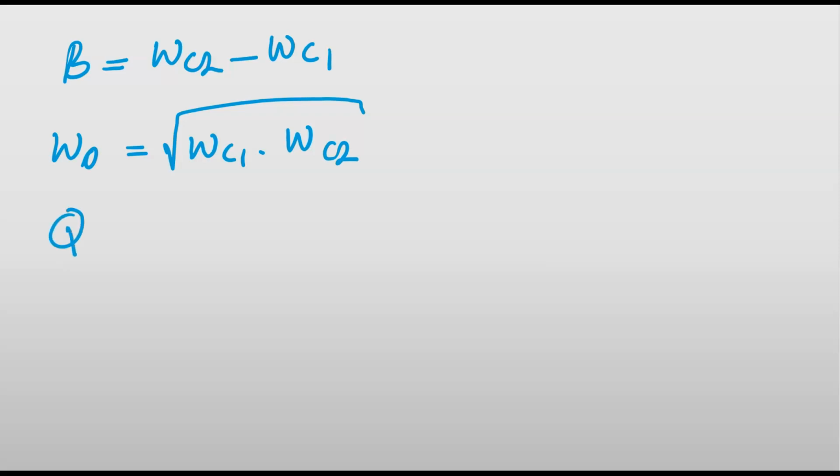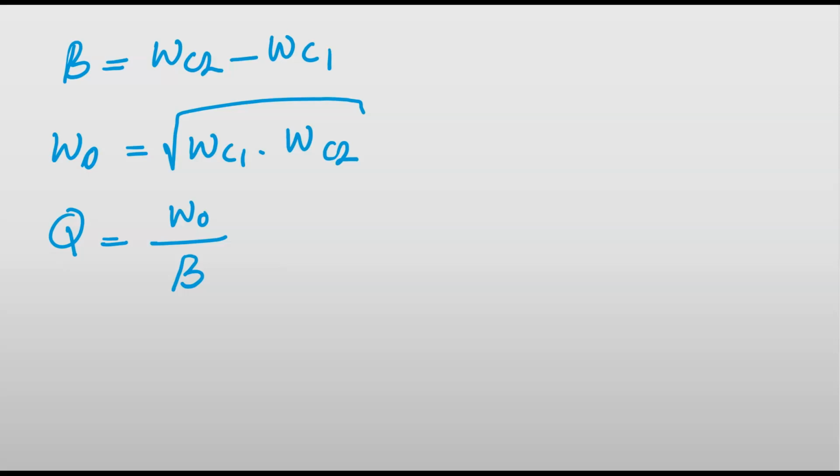And if you're looking for the quality factor, the quality factor is equal to ω naught over β, which is our bandwidth. So these are 3 equations, and if you know 2 parameters out of 5, then you should be able to find the rest of them.